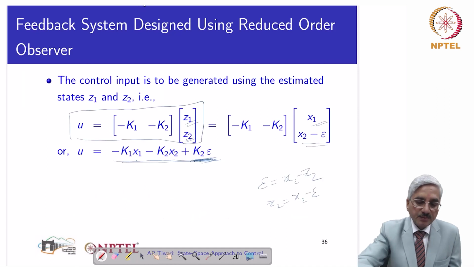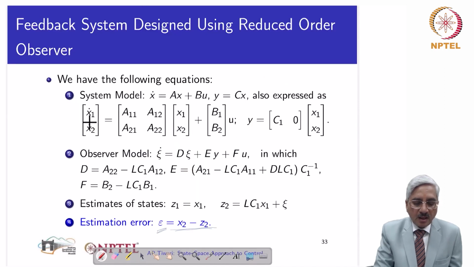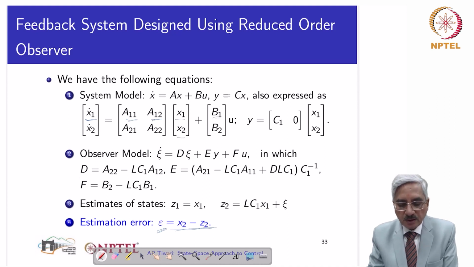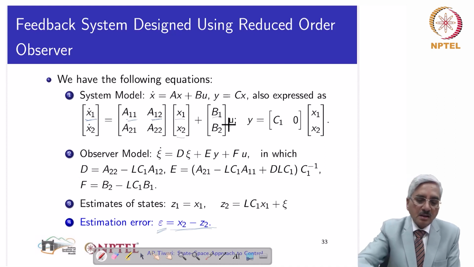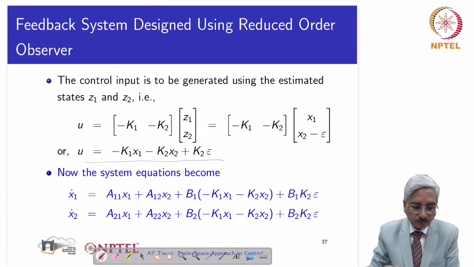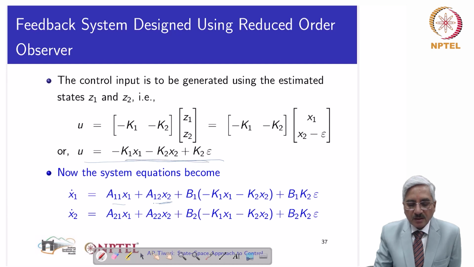So with this relation in hand, the first equation of the system. So we had, let me see where it was, a little back here. X1 dot is A11 X1 plus A12 X2 plus B1 U. This modifies as X1 dot is A11 X1 plus A12 X2 plus B1 into U is this.